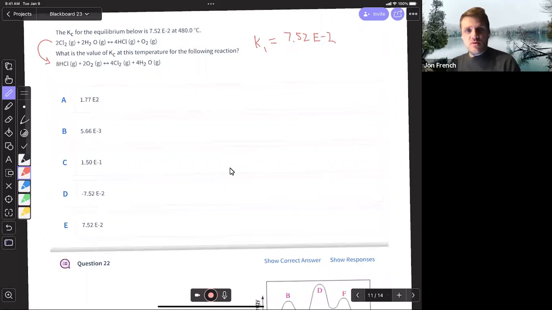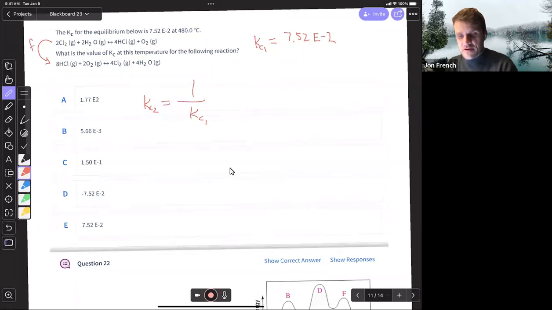So between these 2 reactions, we actually do 2 things to that reaction. We flip the reaction, which is the same as taking the inverse of my equilibrium constant. So Kc1, Kc2. That's the first one.